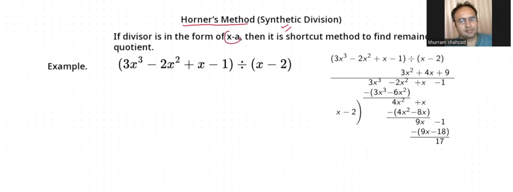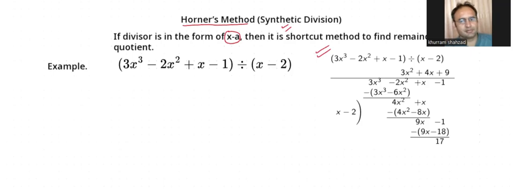So we can also find the remainder and quotient by the division method, like we have done in the previous video, which is about the Euclidean division.